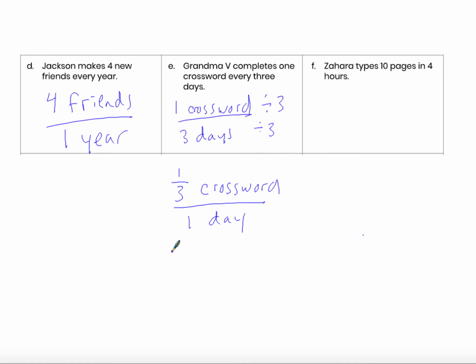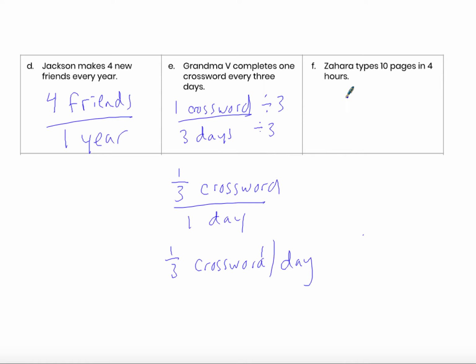That looks really weird. I would just write 1/3 of a crossword per day. So we needed to divide, just like usual, the numerator and the denominator by 3. You need to understand that 1 divided by 3 is equivalent to the fraction 1/3.